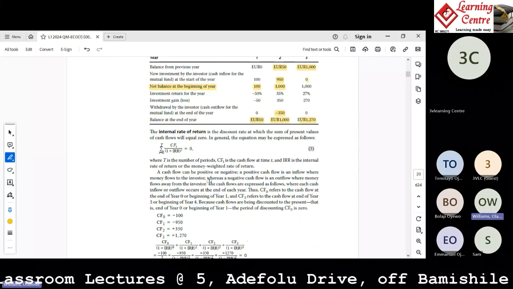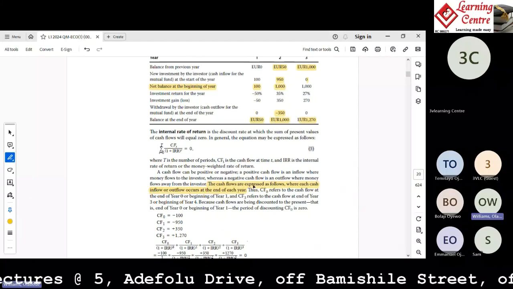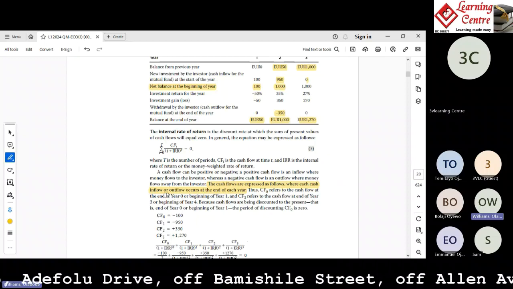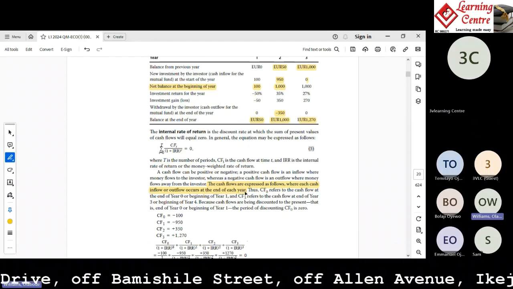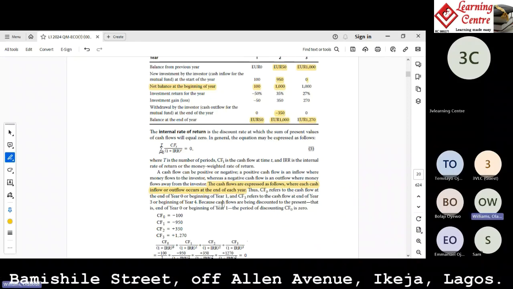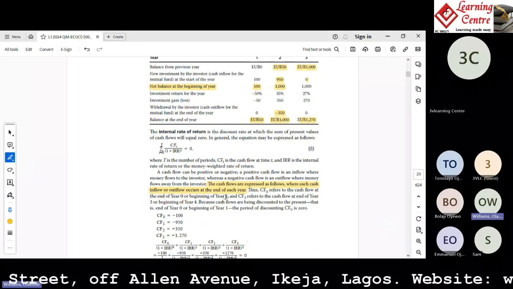Now, here's the point I was trying to make earlier. Cash flows are expressed as follows, where each cash inflow or outflow occurs at the end of the year. Thus, CF0 refers to the cash flow at the end of year 0 or the beginning of year 1.